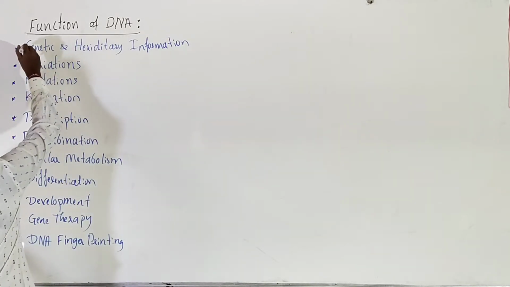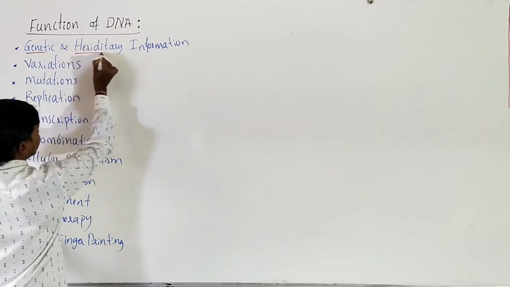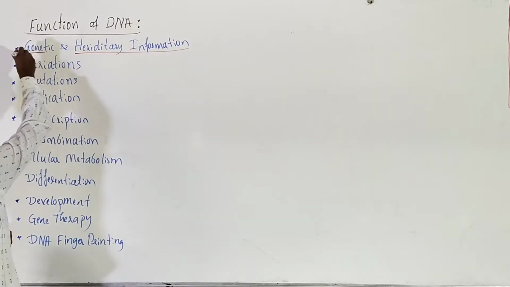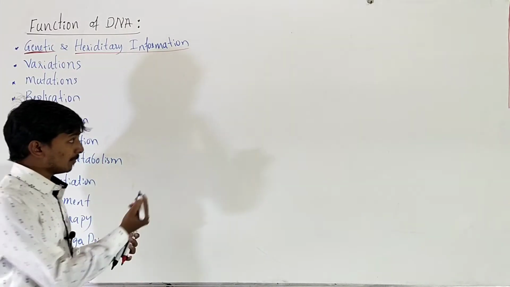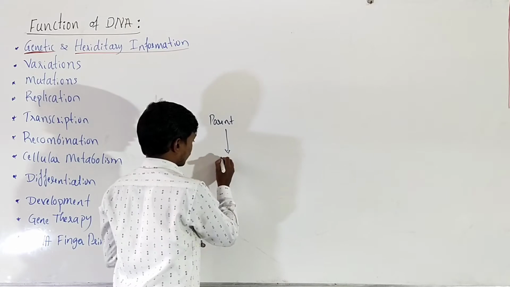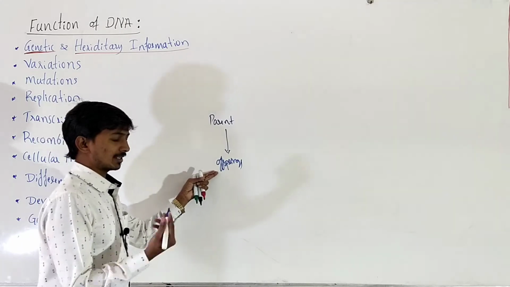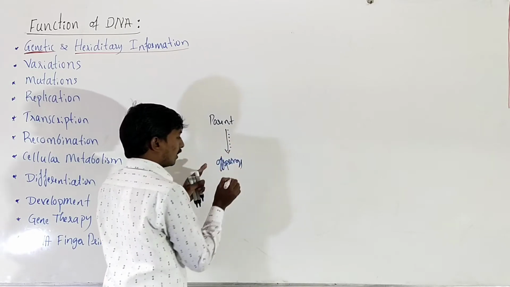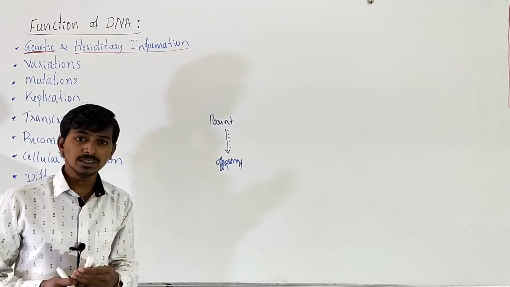Firstly, DNA carries genetic and hereditary information from the parent generation to the offspring generation, maybe father, mother, son, daughter, etc. The characters from parents are transferred to offsprings only through DNA.